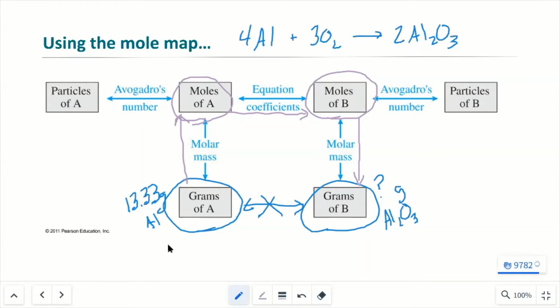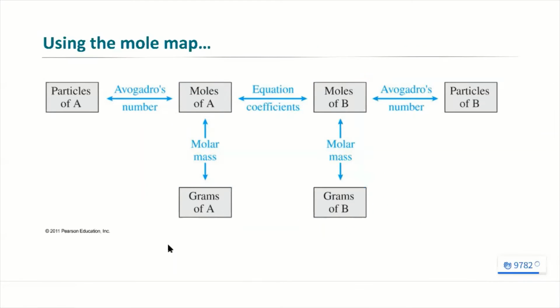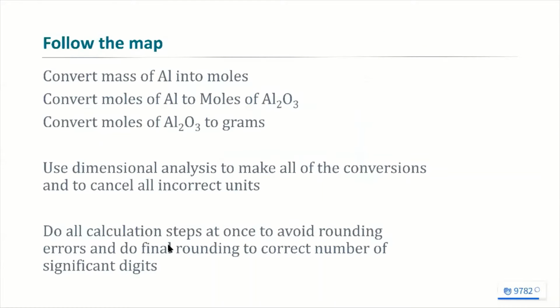So in summary, I'm going to have 3 steps. First step, I need to convert the mass of aluminum into moles. Second step, I need to turn the moles of aluminum into moles of aluminum oxide. And then finally, I'm going to need to convert the aluminum oxide into grams.